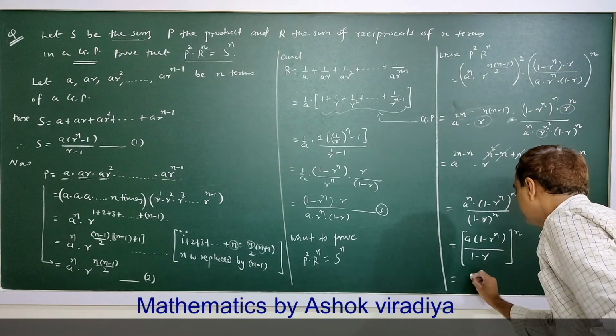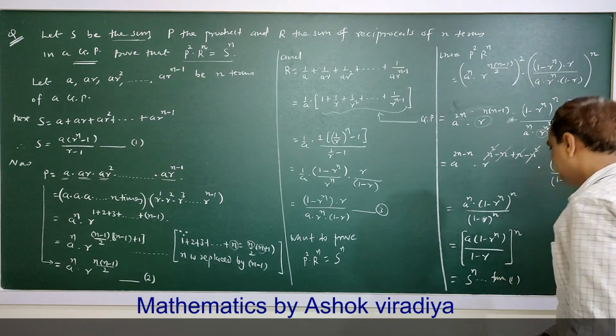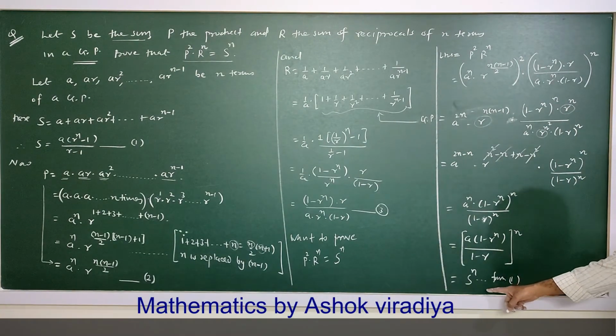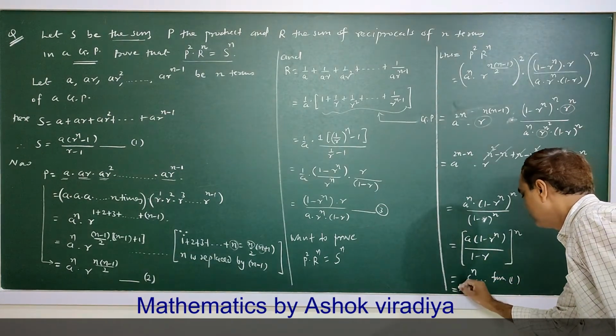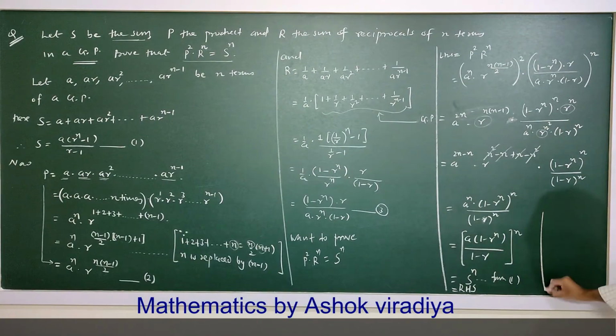So this is s raised to n, from 1. So this is RHS. Therefore LHS is equal to RHS.